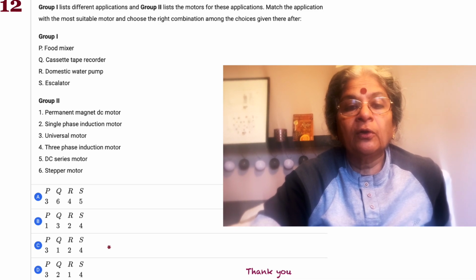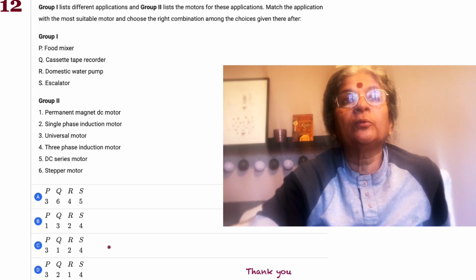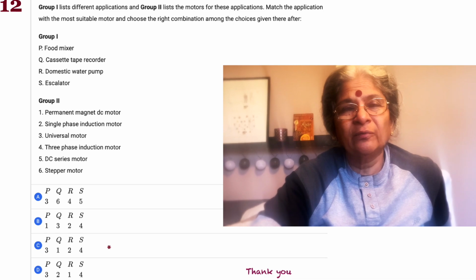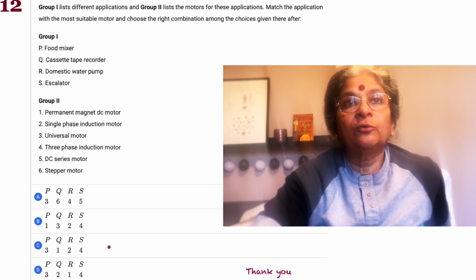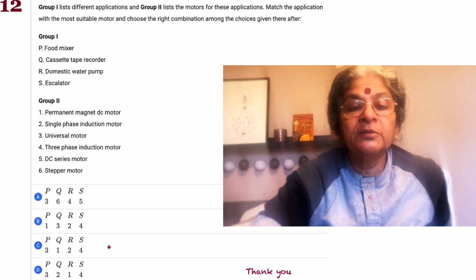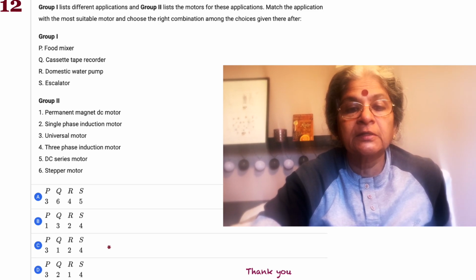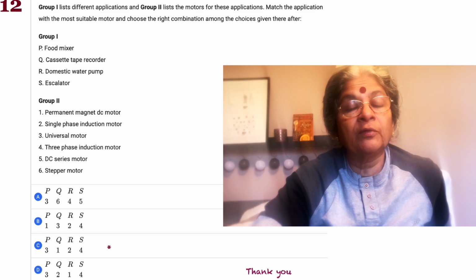Moving on to the domestic water pump. A domestic water pump inside the house is almost always a single phase induction motor, though we do have three-phase induction motors for large applications. So a domestic water pump means 2, which is there in C but not in A, which talks about a three-phase induction motor for very large applications.